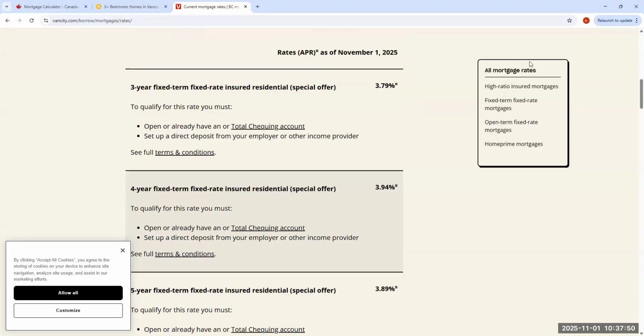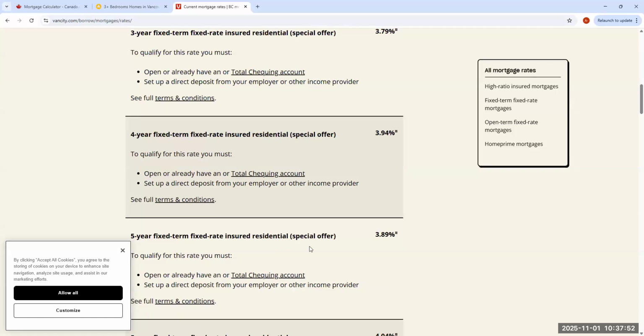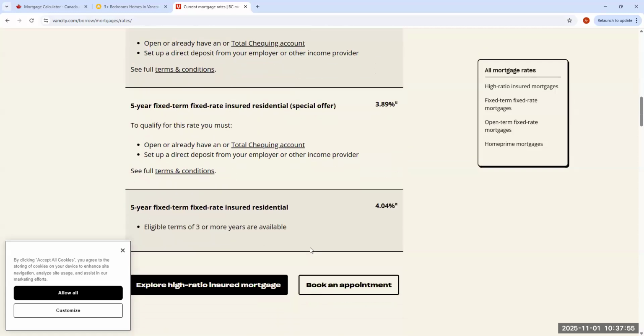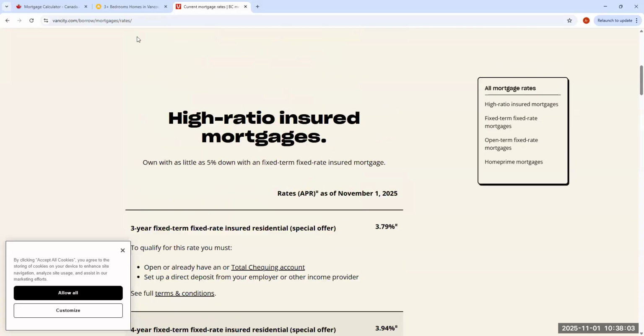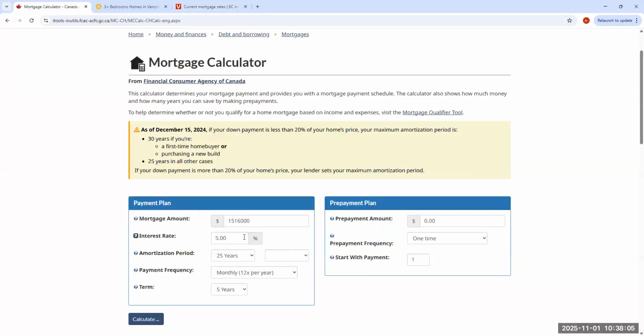But we might get a 5 year special at 3.89, 5 years fixed, insured residential 4. So let's stay with the 4%. That's kind of realistic, 4%, not 5%. Our interest rate is 4%.